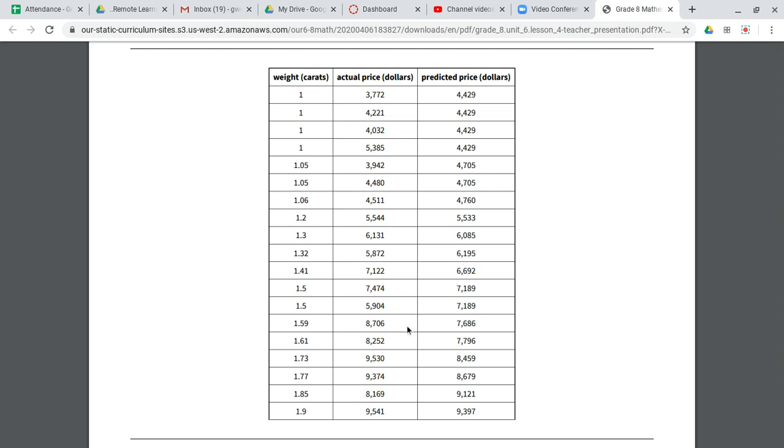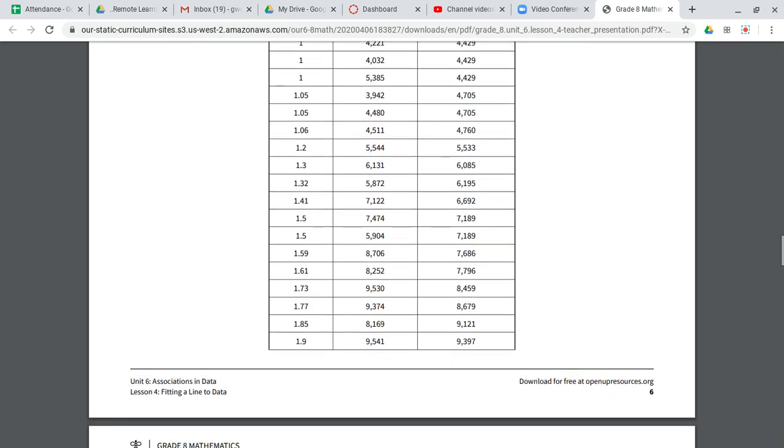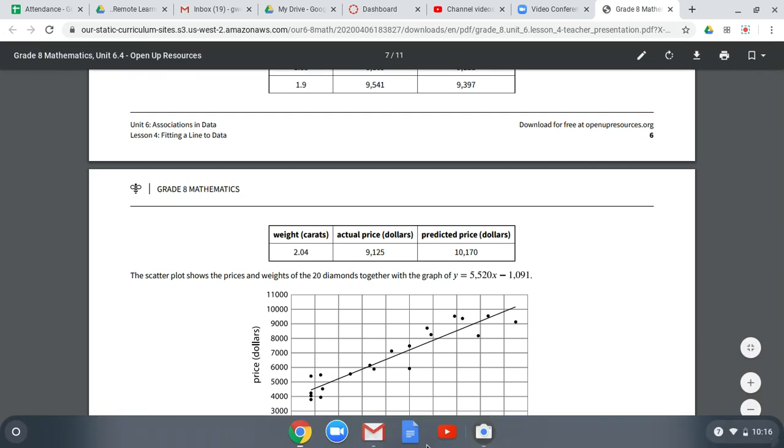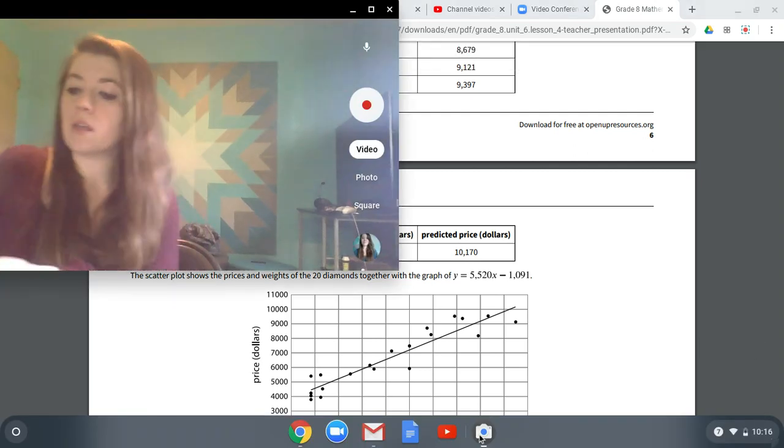This one, once again, over $1,000 difference. This one, there's a huge difference, almost $1,000 difference. Huge difference, huge difference, and huge difference, $1,000 practically.